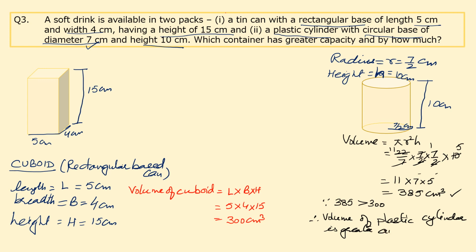And by how much? तो कैसे निकालेंगे? इन दोनों को कर देते हैं subtract. 385 minus 300 centimeter cube is equal to 85 centimeter cube, right? So you have to find the volume in both the cases, then you have to do the comparison. Now let's move to next question.